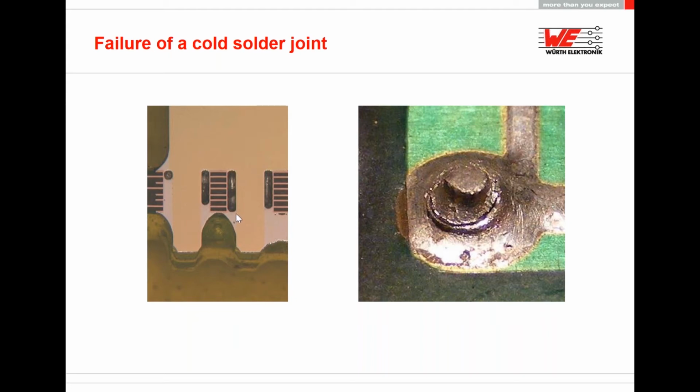So the current is flowing through this little solder area, and solder has about 10 times higher resistance than copper, for example. Then it flows through this point into the layers, and of course we generate a lot of heat here. This can be the final result of such a bad solder joint. Exactly.